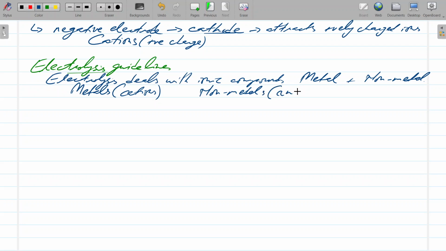They are the anions. There's another cation that comes into the mix, which is hydrogen.